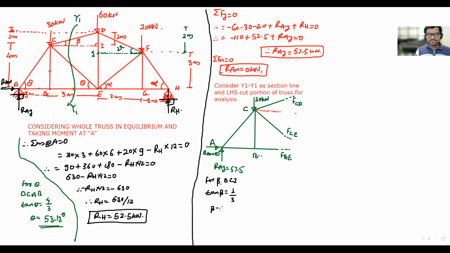So beta is equal to 18.43 degrees. Are all of you completed up to this? Yes, sir. So this is our beta and this is our theta.